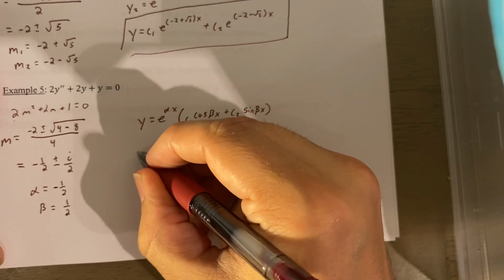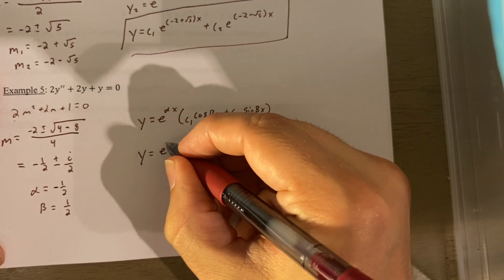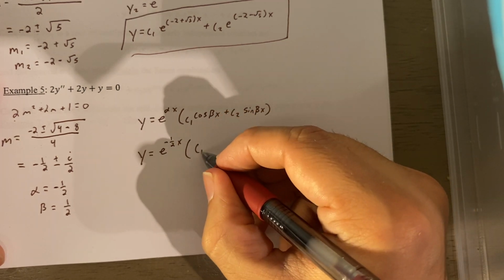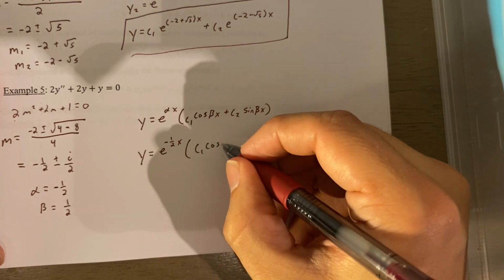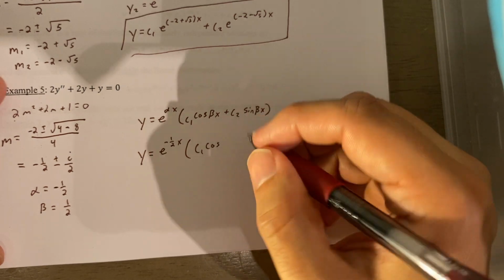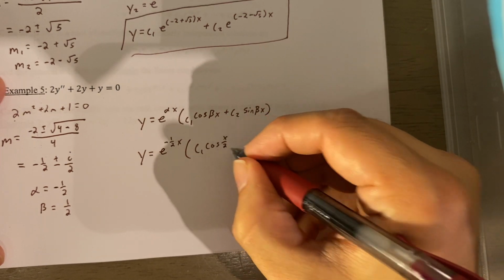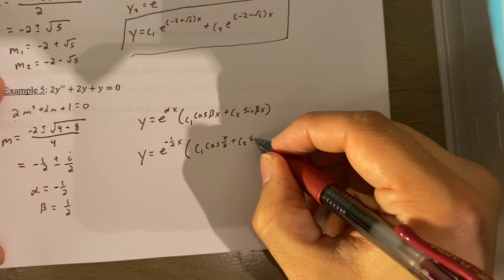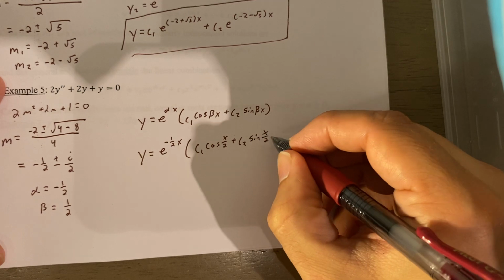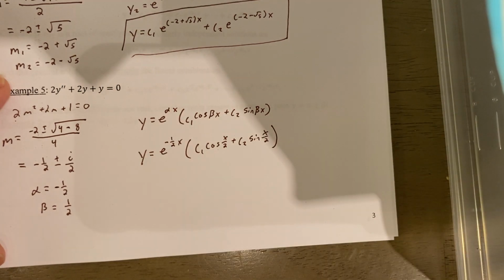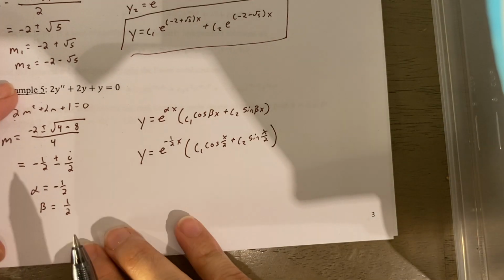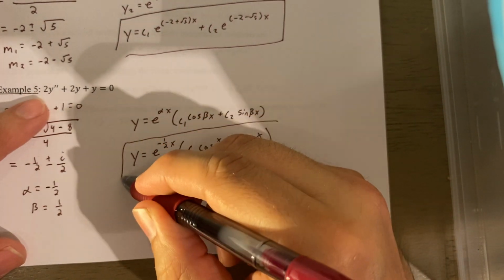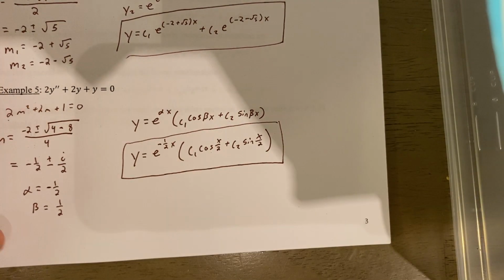So then my solution is just y equals e to the negative 1/2 x times c sub 1 cosine of beta times x, which is x over 2, plus c sub 2, which is going to be sine of x over 2. And there's my general solution. So even when you have complex roots, it's not going to make your answer that much more difficult. And that does it for page 3.